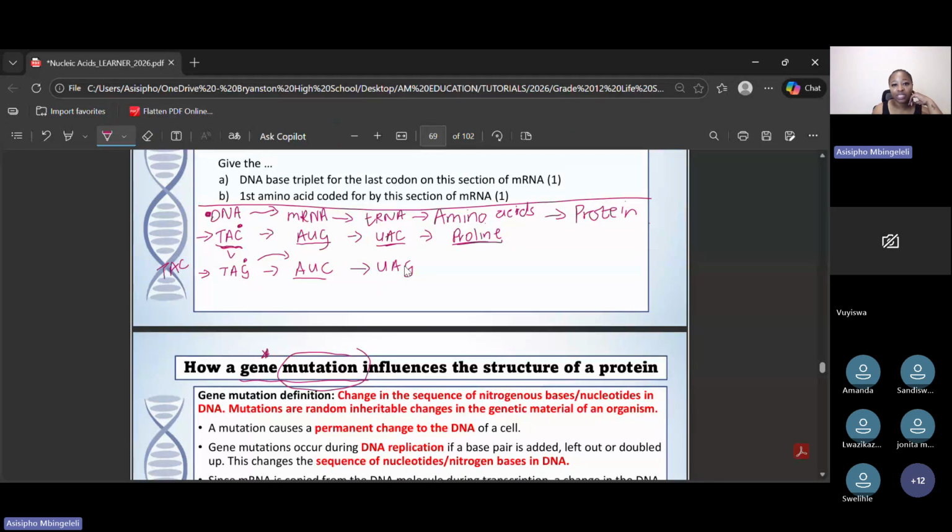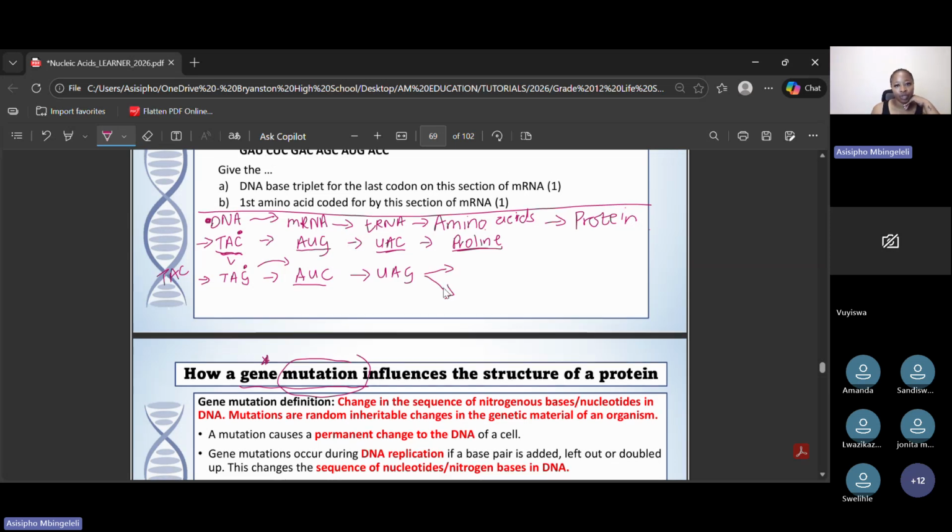So for transfer RNA, what do we have? We have UAG. Now, there are 2 possibilities here once we get to the amino acid. So I'm sure you can trace what is happening.